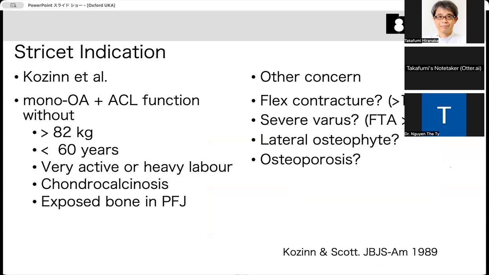On the other hand, fixed bearing indication is more strict.